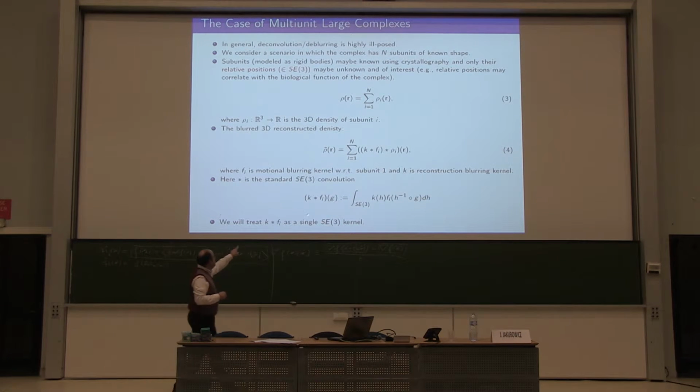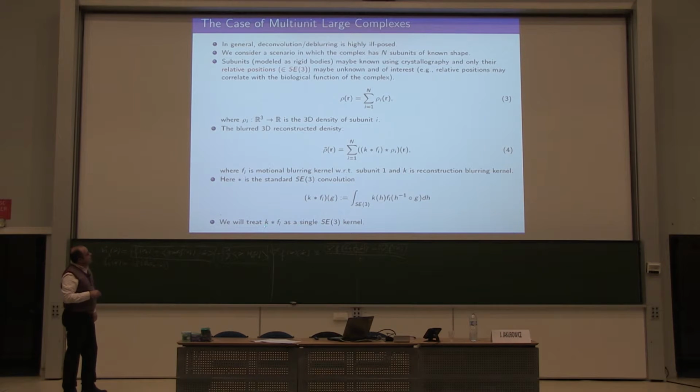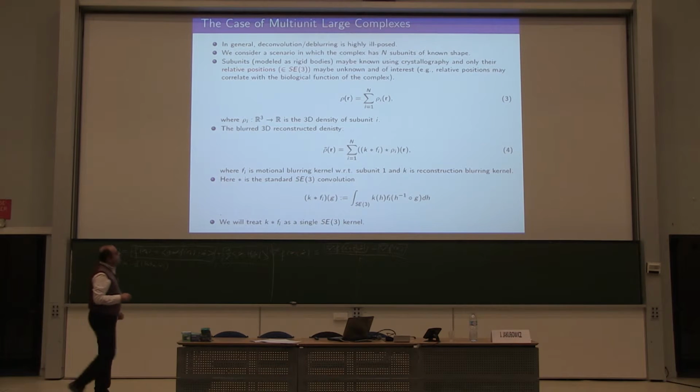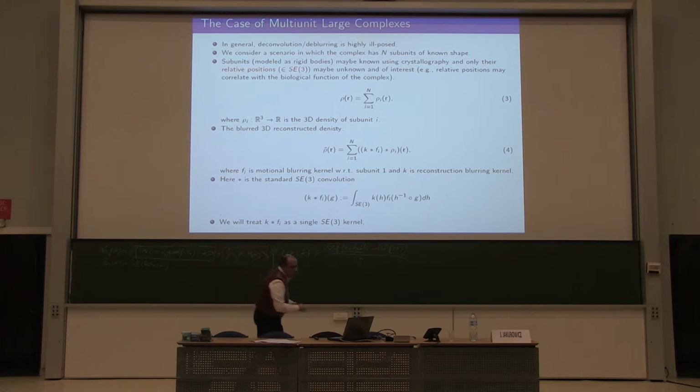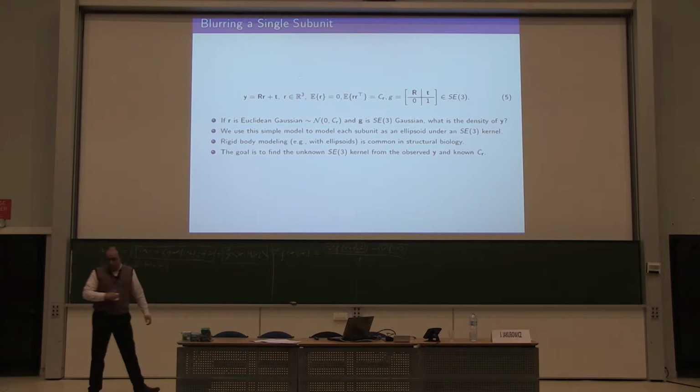But for the rest of the talk, I will consider K convolution Fi as the same. This convolution is the SE3 convolution between two probability densities on SE3, but this was a different convolution, which was the group action convolution, just to be clear here.